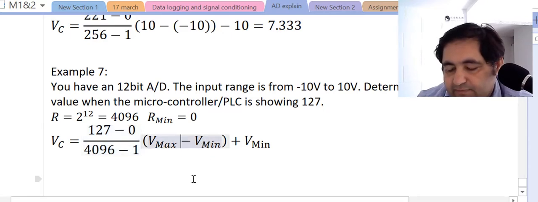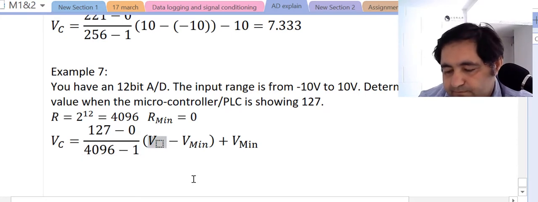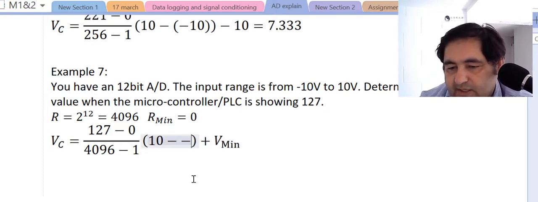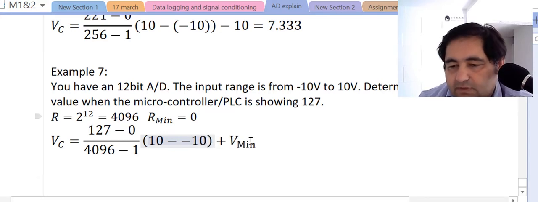V maximum is 10 volt, and V minimum in this case again is minus 10 volt.